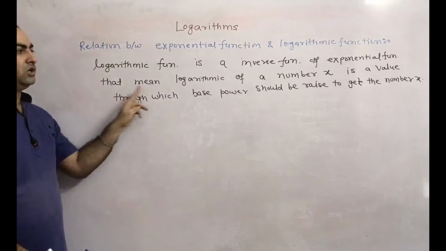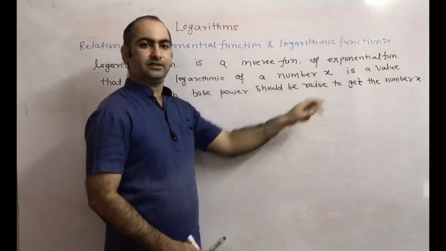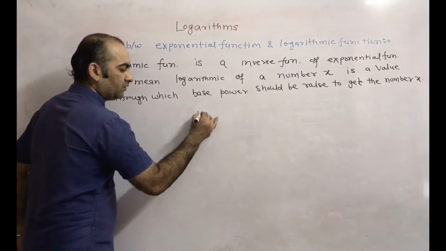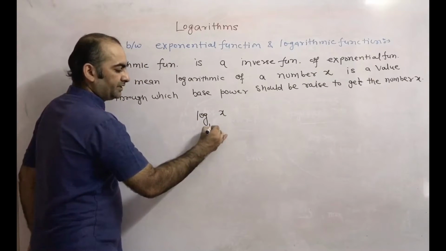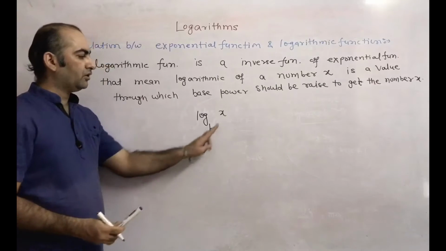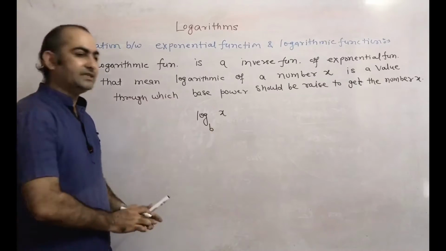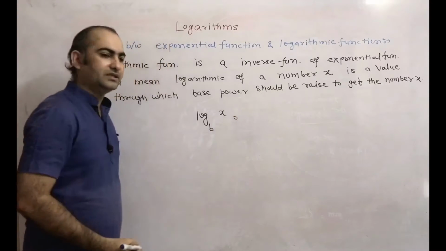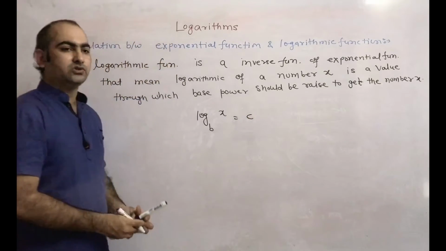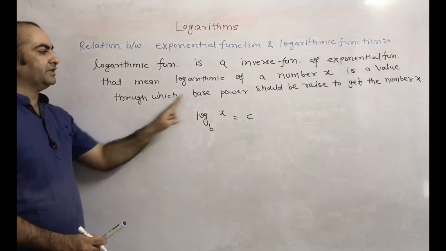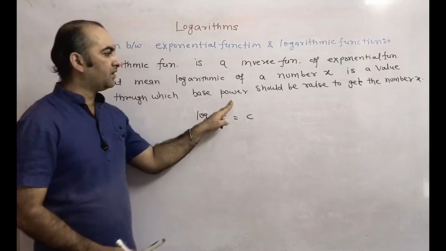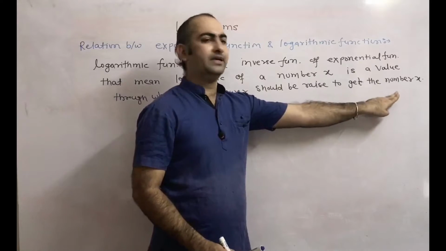That means the logarithm of a number x. Suppose the base is b. So the logarithm of a number x to the base b is a value, suppose c. The logarithm of a number x is a value through which the base power should be raised to get the number x.